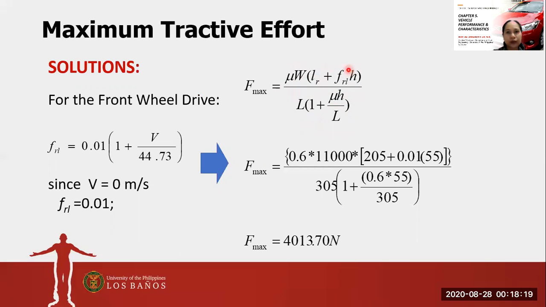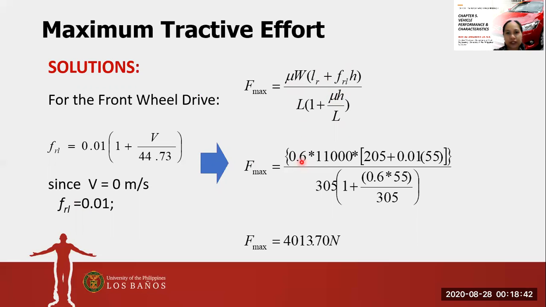So how do we determine f? Using this equation, since the velocity is 0, then when you substitute 0 here, f becomes 0.01. So we use this value and input it here, with the other information.